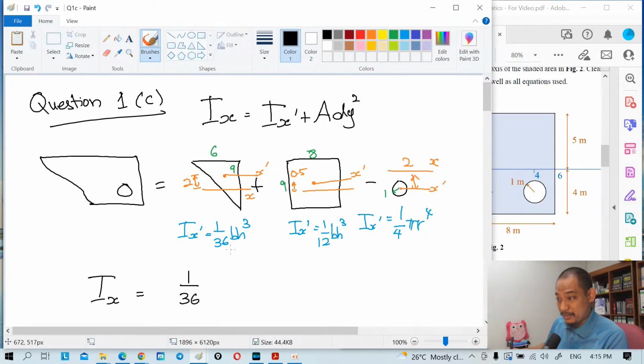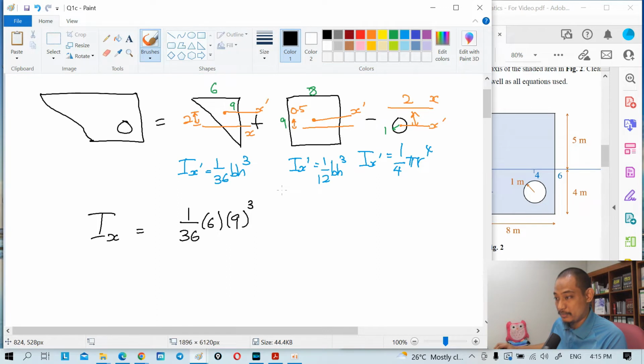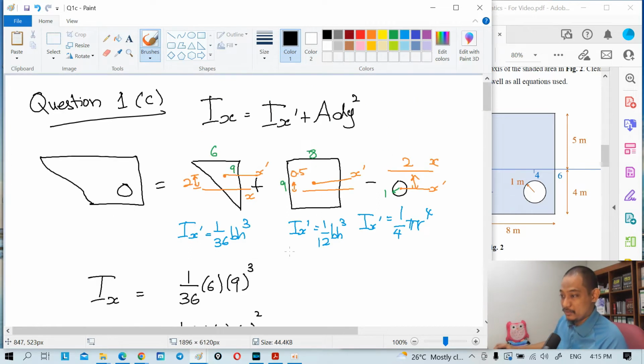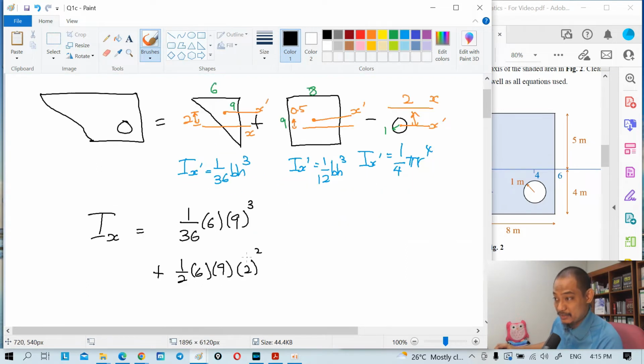Okay, 1 over 36 b. B is 6, h is 9, then cube, and then plus a, which is half times 6 times 9, and then dy is 2 there. You have to have the square, right? Ix prime plus a dy square.